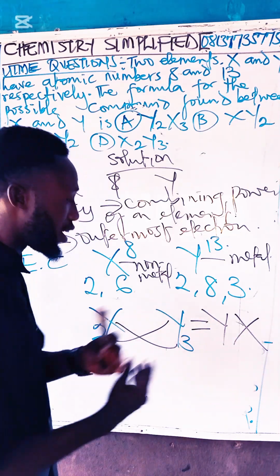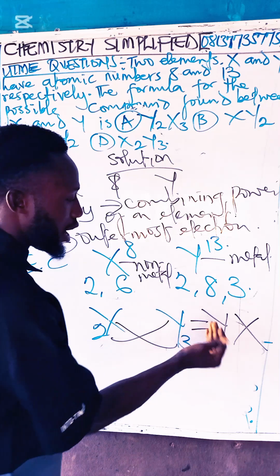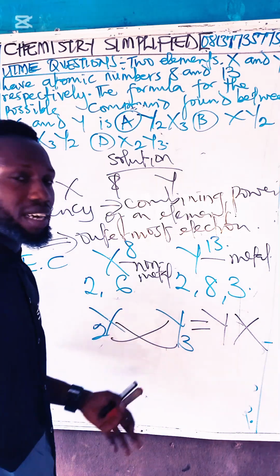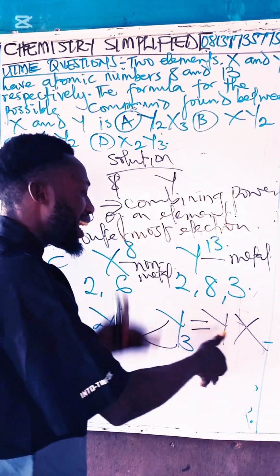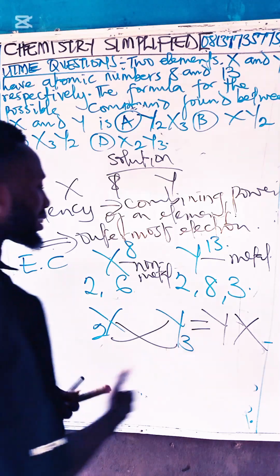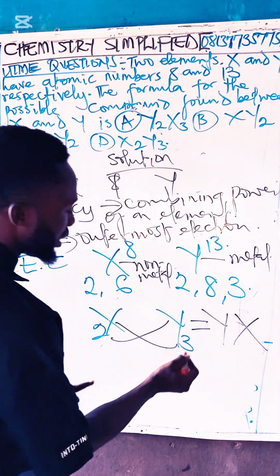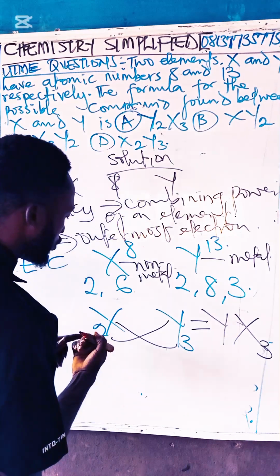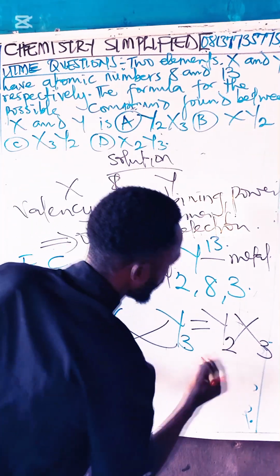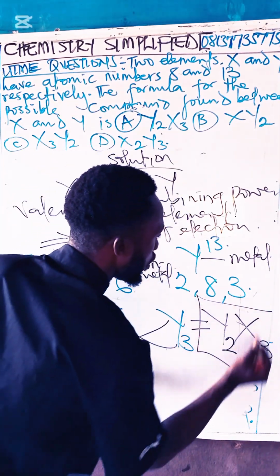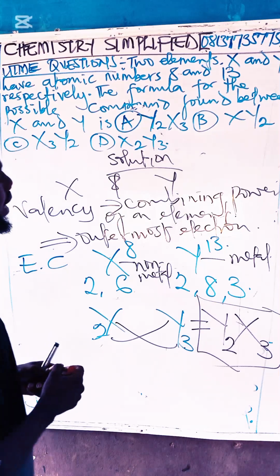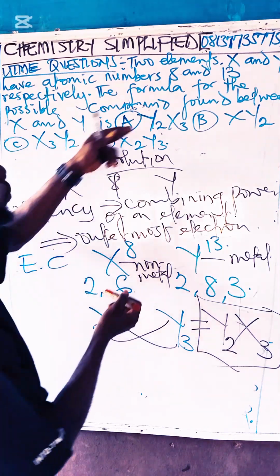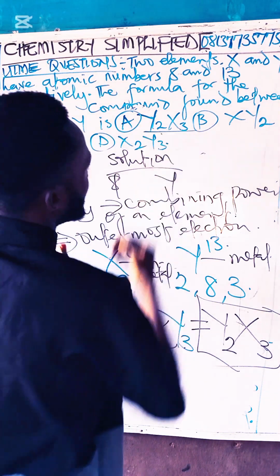We have different types of compound in chemistry: binary compound, ternary, and so on. The rule is you have the metal, then the non-metal in a binary compound. So the 3 of Y goes to X, and the 2 of X goes to Y. So the formula of the compound will be Y2X3. And that makes our option A the correct answer.